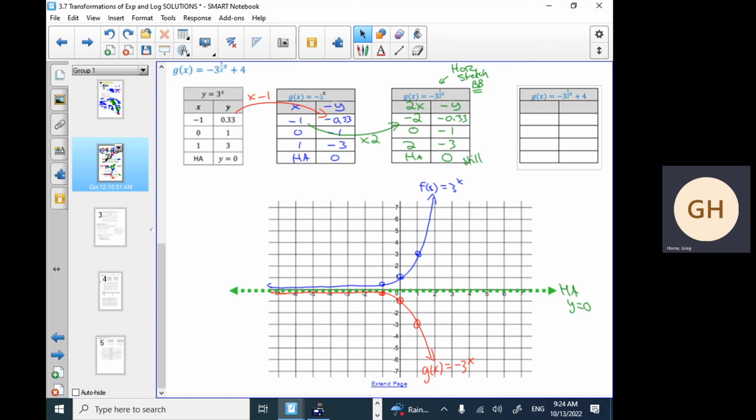Let's graph that one as well then. So let's graph the green one here where we're at negative 2 and negative 0.33. Negative 2 and so you can see that it's stretched over, so it's going to be wider.